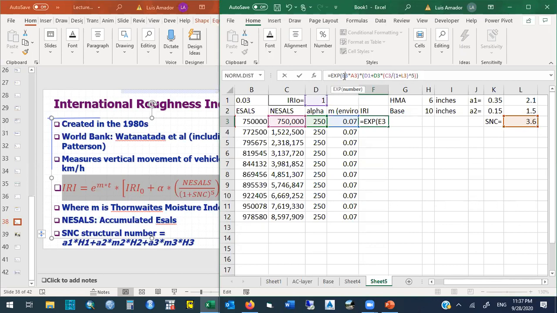Can you put the exponential in different parentheses from the beginning of that to the very end of that? Like this? Same. Okay. Do we have anything else after this, like the cumulative ESALs and the structural factor in our formula?